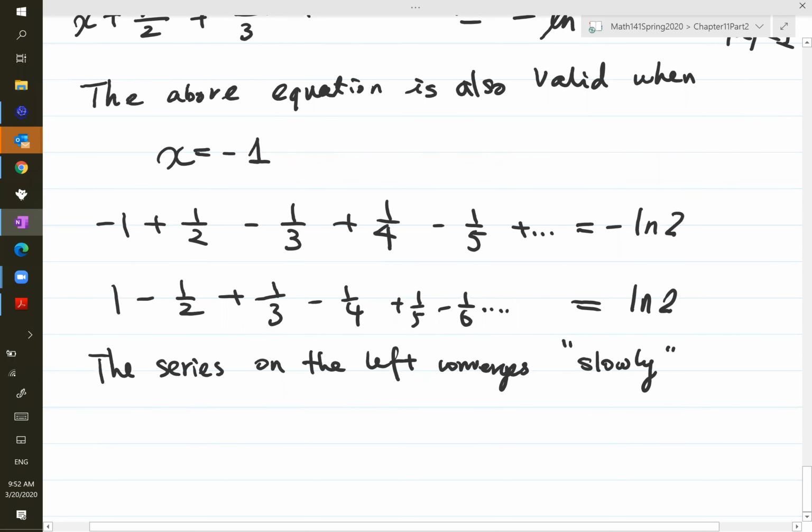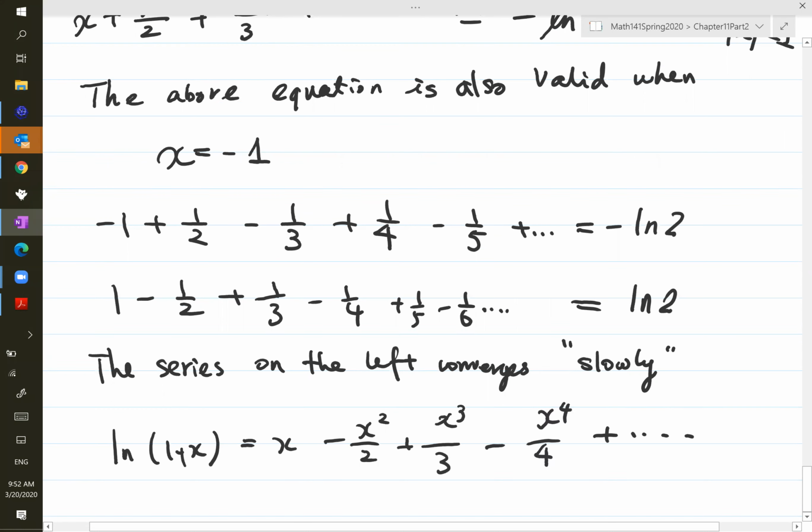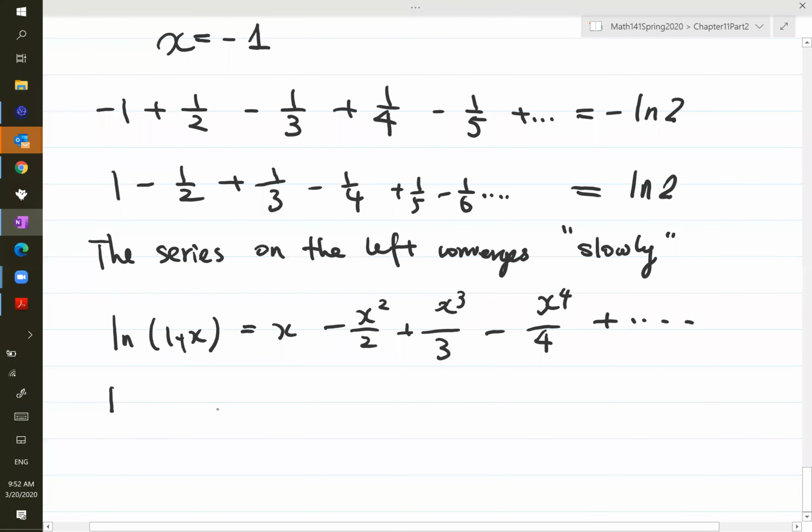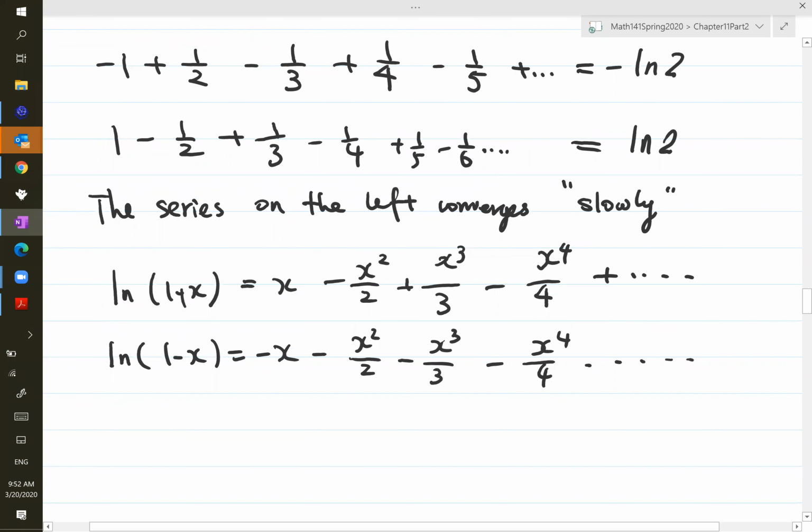We talked about this earlier. What we did is ln(1 + x) is an alternating sum, and ln(1 minus x) is negative x minus x squared over 2, etc. Then we subtract them.